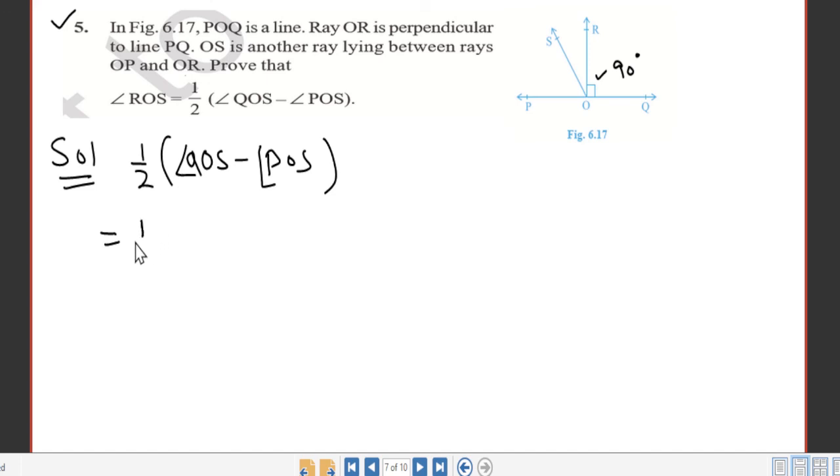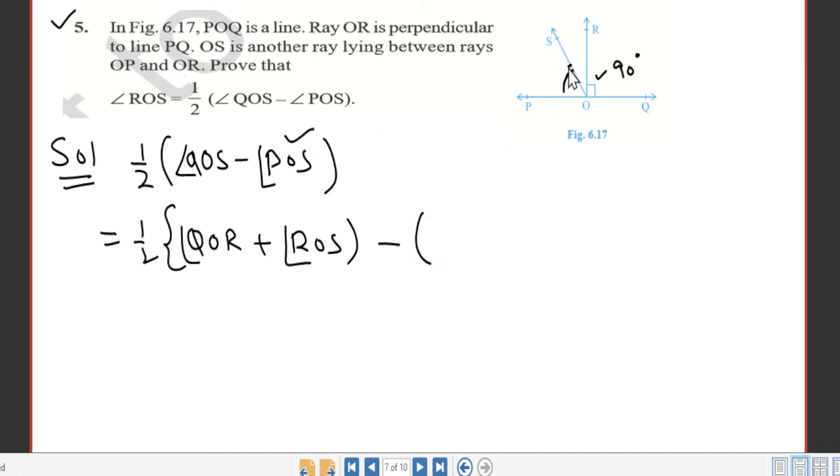So in place of this QOS, we write QOR plus angle ROS, and this bracket is closed. Again, this is POS. So in place of this POS, we write this angle and subtract from this one.